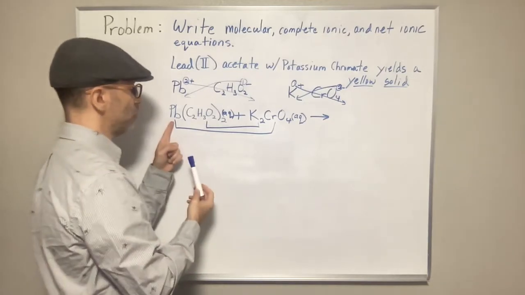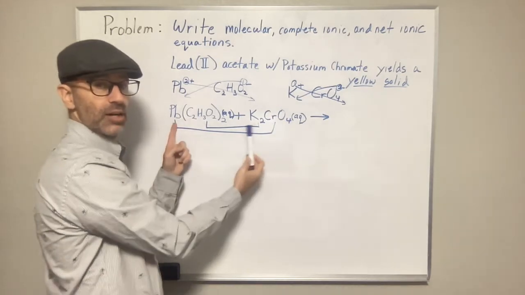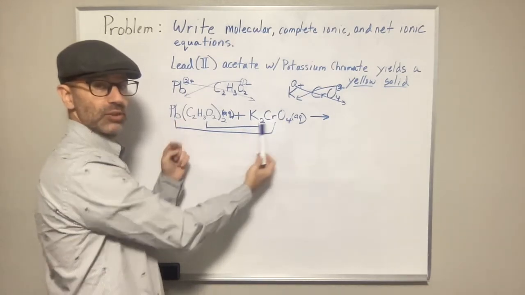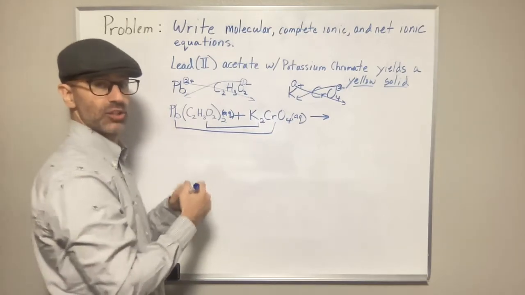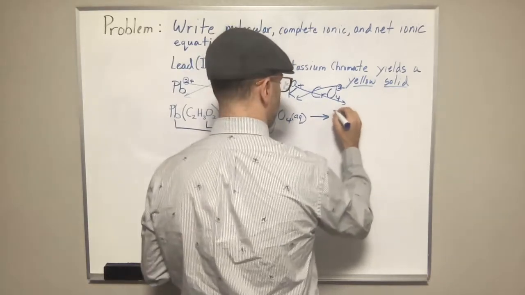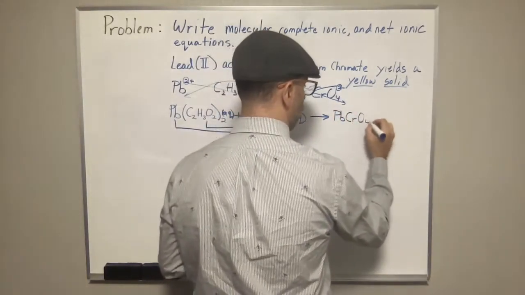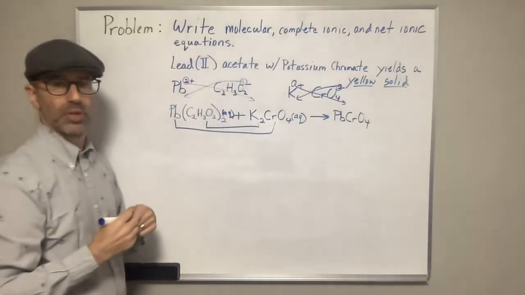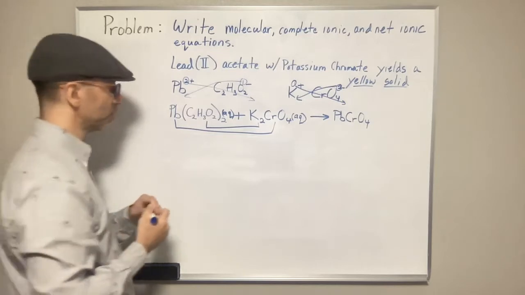So the lead-2 ion and the chromate both have 2 charge. So this is a +2, this is -2. So I only need 1 each to balance the charge. So it's 1 to 1. So that means that I'm going to have PbCrO4. So that's the formula for lead chromate or lead-2 chromate.